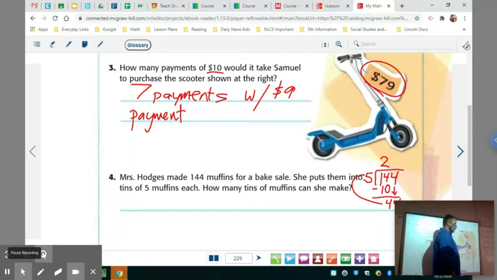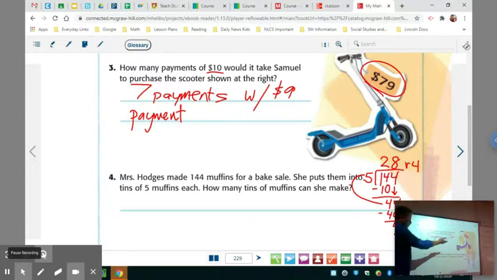How many times will it go? 8 times, because 8 times 5 is what? Subtract those, what do you get? 4. Do you have anything to bring down? No. So now we got to interpret. How many tins of muffins can she make? She can make 28 tins.